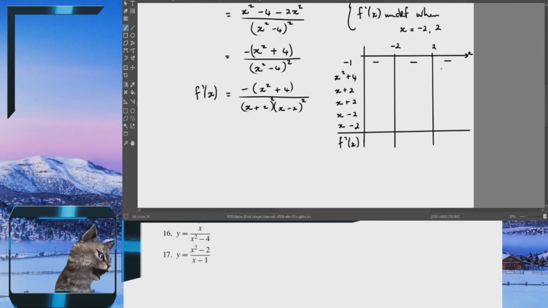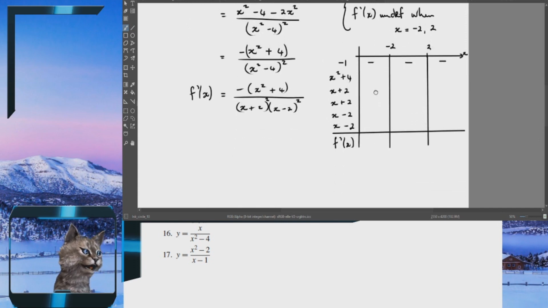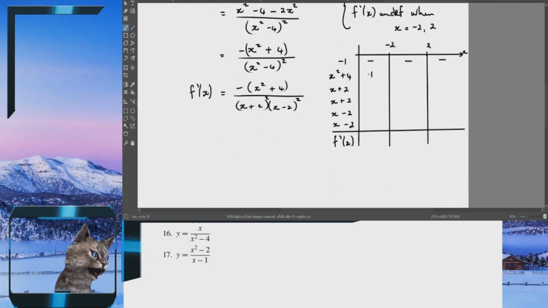Negative 1 is always going to contribute a negative. X squared plus 4 we've established up here can never be 0. It's always going to be positive. X plus 2 is 0 when x is negative 2. Same for this x plus 2. It is in the denominator, so it makes the derivative function undefined.